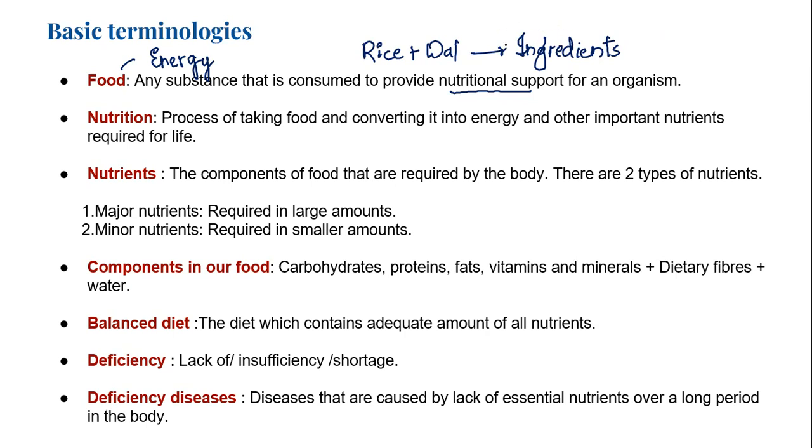So whatever things are required to make this food is what we call as ingredients. And these ingredients also consist of nutrients, which are very essential for the proper functioning of our body. Okay, so that's basically about the food.